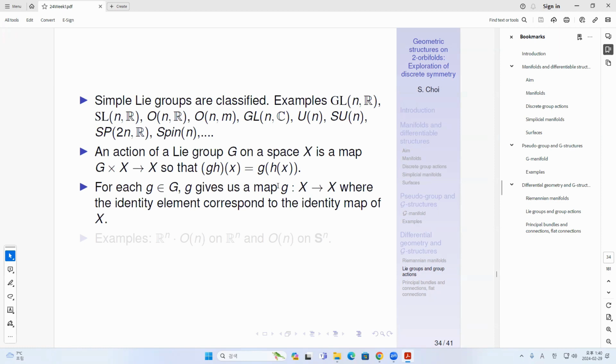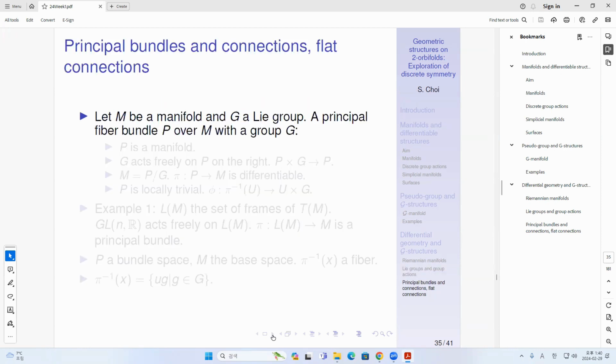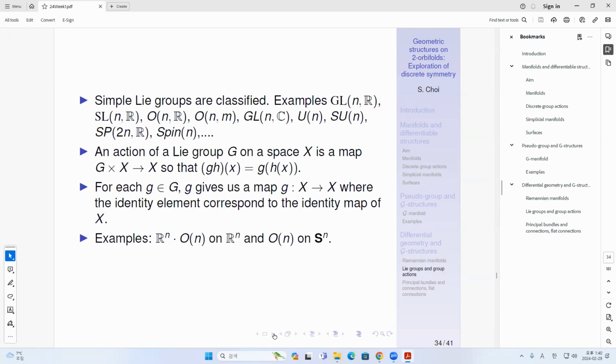For each g in G, g gives us a map from X to X, where the identity element corresponds to the identity map of X. For example, Rn dot On acting on Rn, and On acting on Sn, these all give you actions.